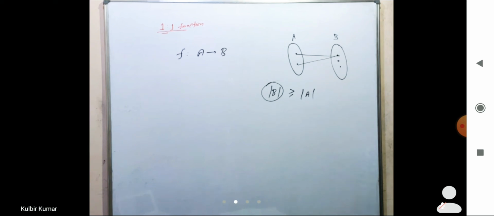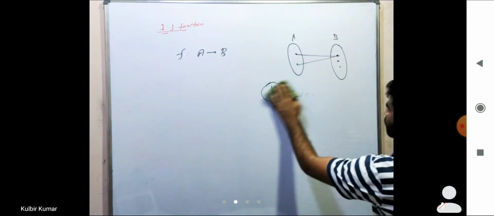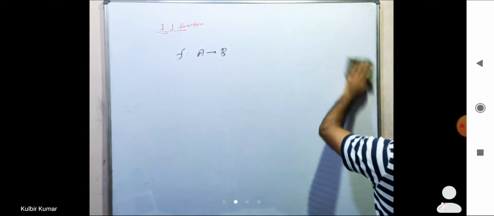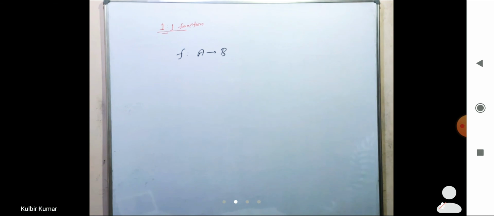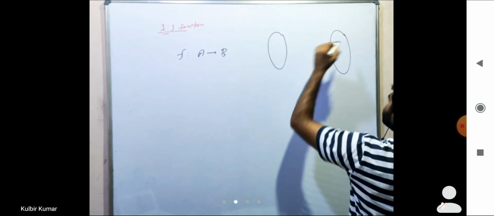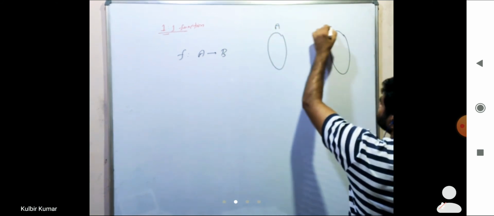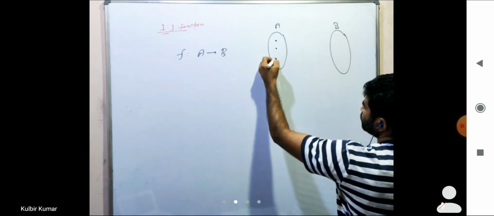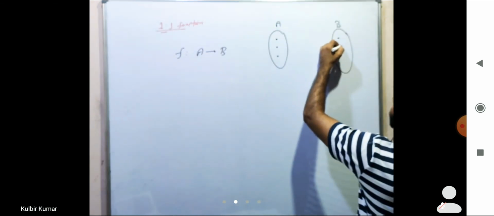Now let's see some of the examples that are related to one-to-one or not. So let me take first one. This is set A and this is set B. Set A, set B, and here 1, 2, 3, 1, 2, 3.